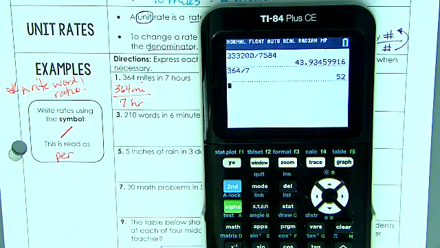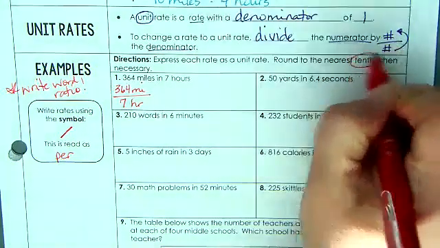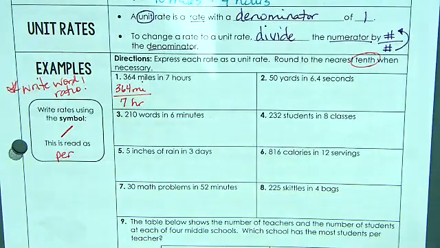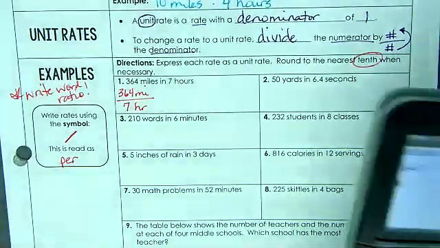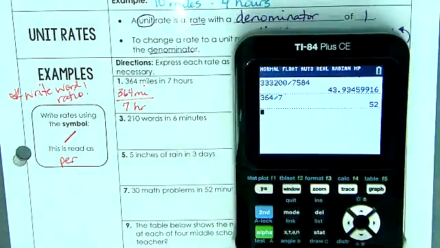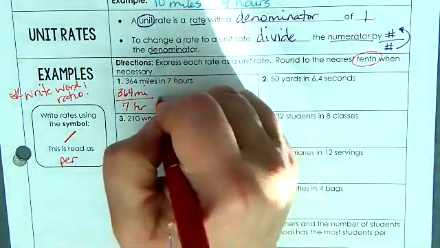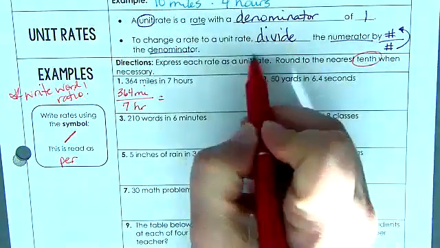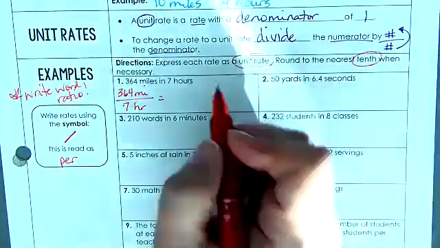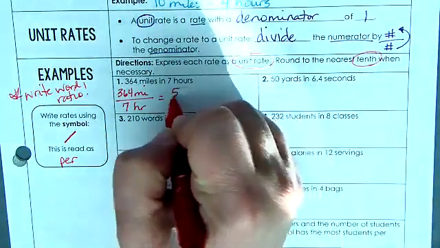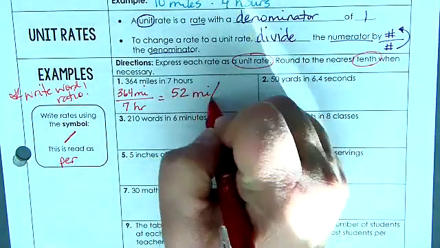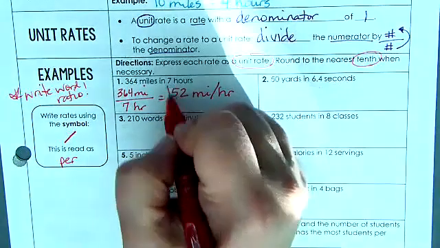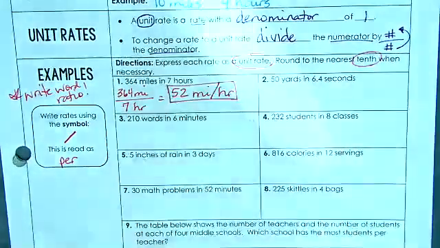For this, we're going to round to the tenths because it tells me in my directions to round to the tenths place, unless you're dealing with money or you know that it's something specific. But even if you're dealing with money in this, it has you round it for right now. Because you want to write this as a unit rate and we're rounding to the tenths, this is going to be 52 miles per hour. This is my answer.